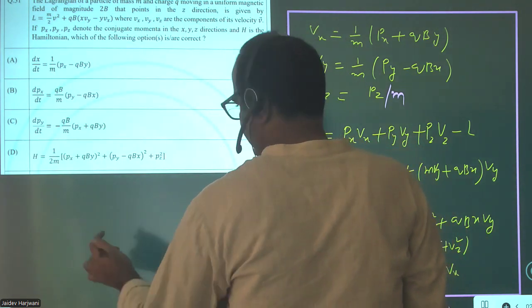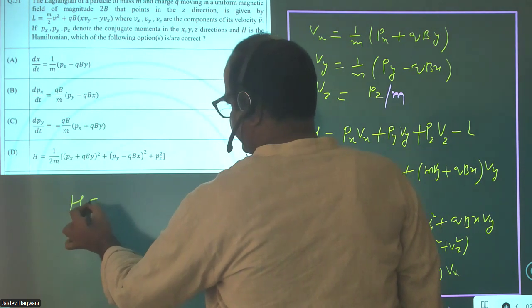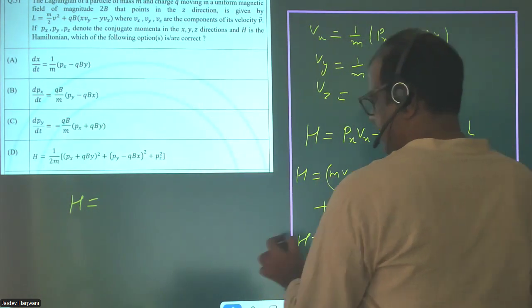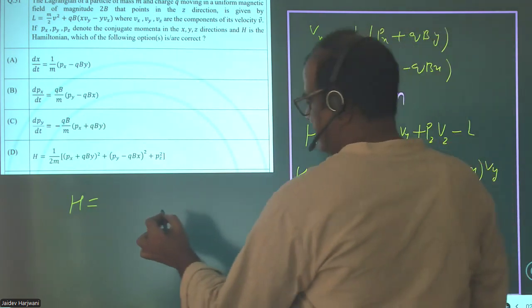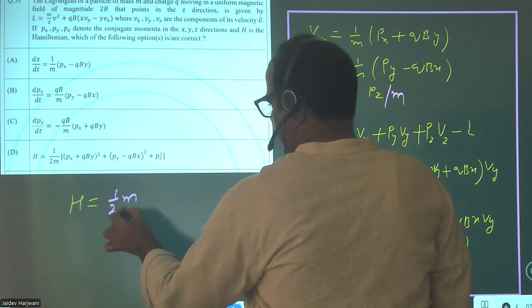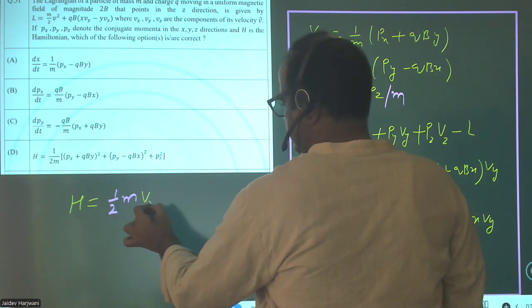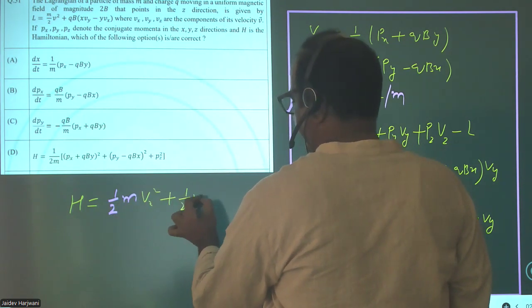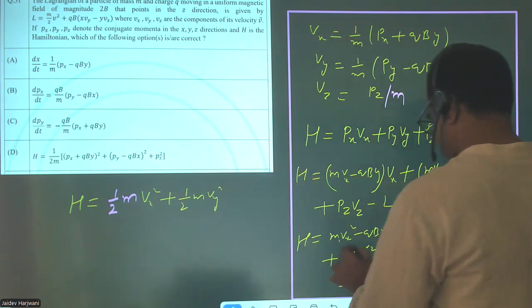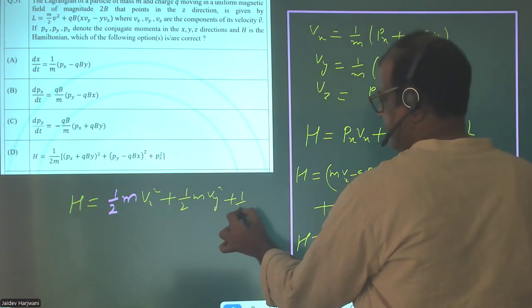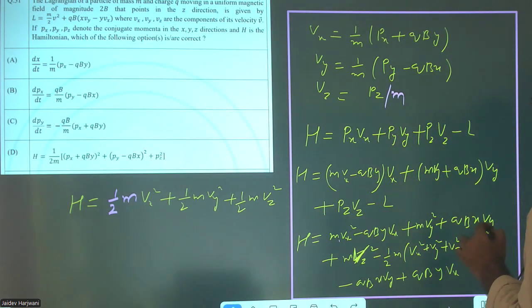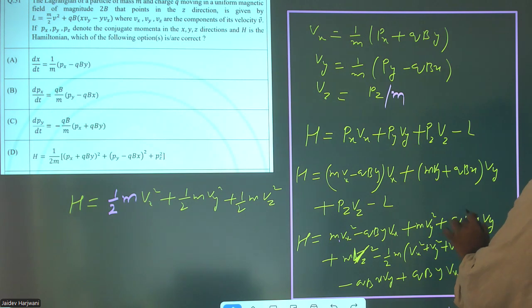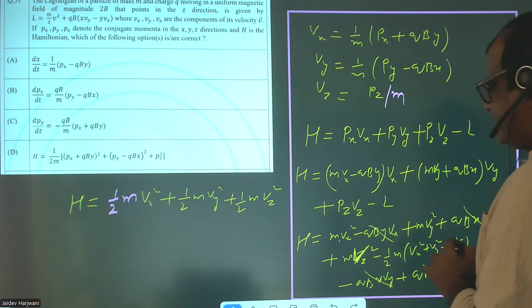So I have now the Hamiltonian: H is half m v² minus half m v². So this will give me half m vx², similarly half m vy², and half m vz². And now this term is a plus Vy, this is a minus Vy, this is a plus Vx, this is a minus Vx. This will be cancelled out.